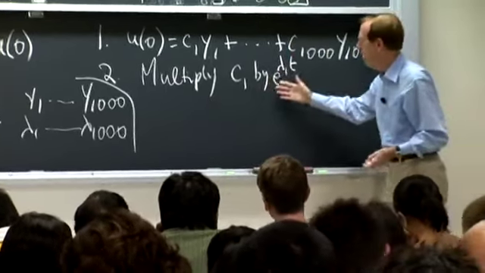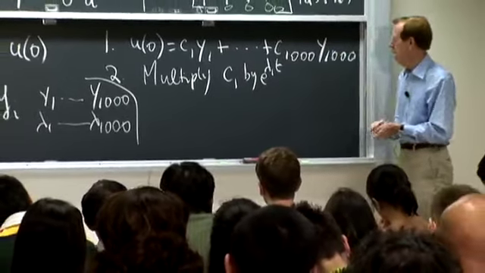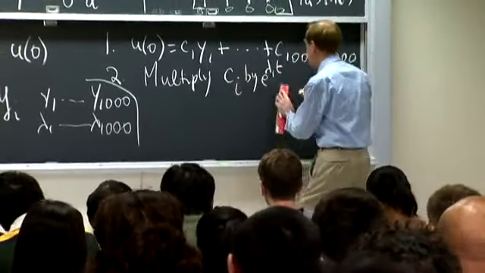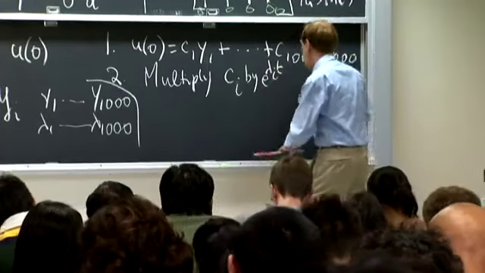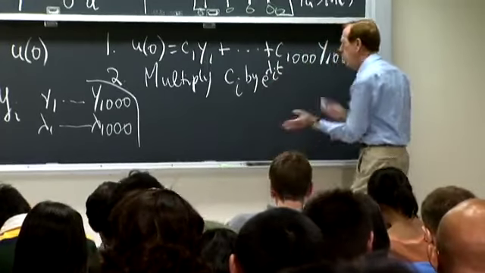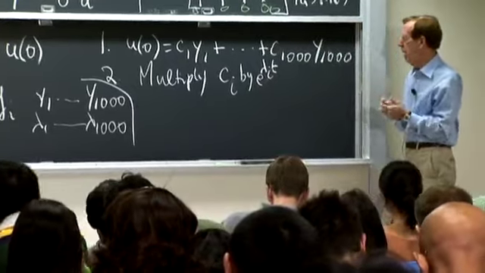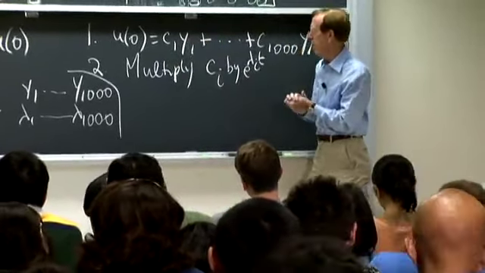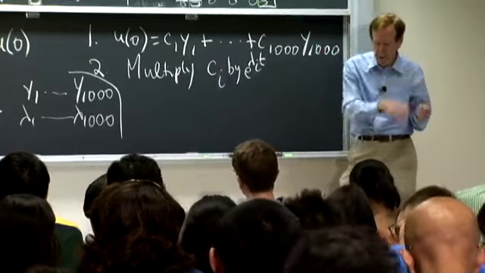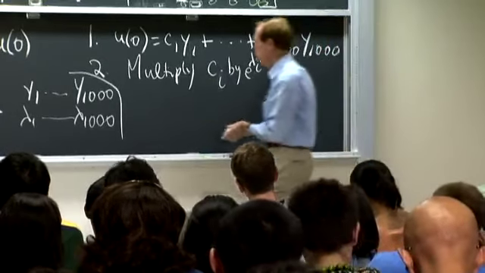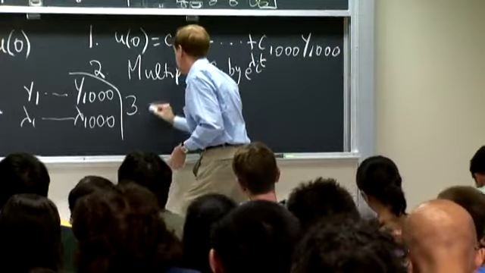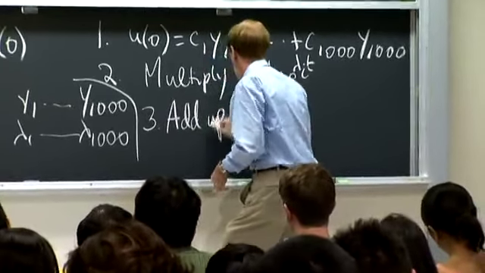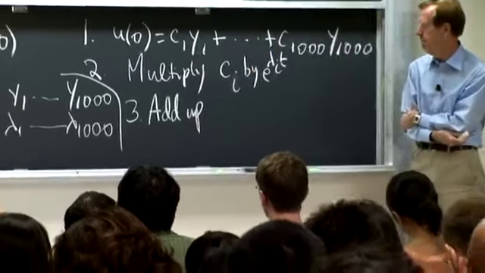This is following eigenvector number 1. And in general, I would multiply every one of the c's by e to those guys. So what would I have now? This is one piece of the start, and that gives me one piece of the finish. So the answer is to add up the 1,000 pieces.